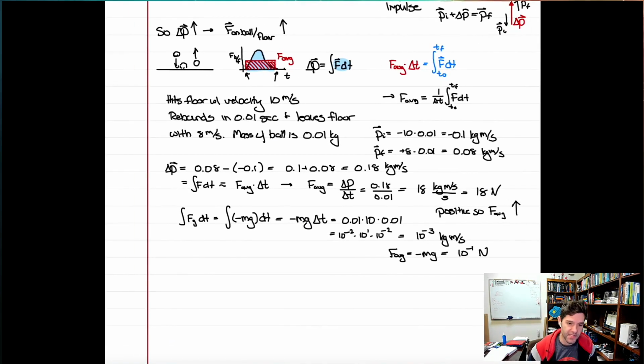In cases where there's collisions, we'll see in a bit, sometimes if the collision is very, very fast, you can approximate that collision as happening without things like gravity acting on the system, since gravity needs time to do stuff. It needs time to slow down this ball compared to the very brief interaction of the floor ricocheting the ball back into the air.